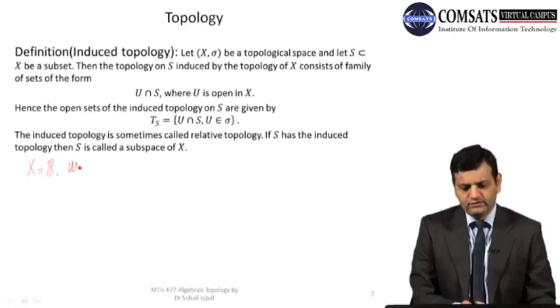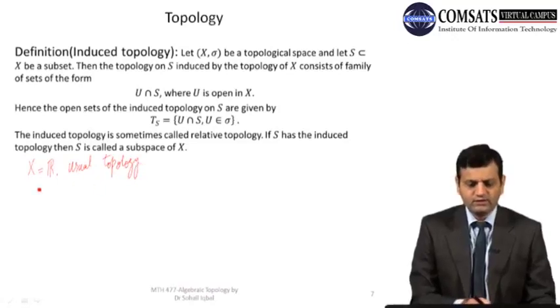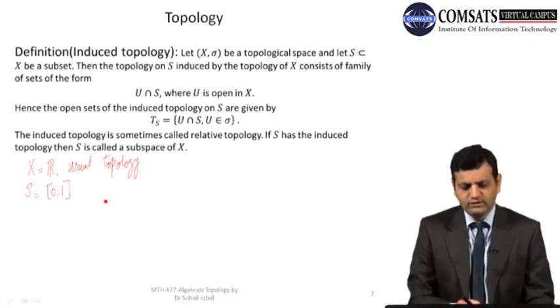So what we are doing is, for example, once again consider the usual topology, where open sets are basically unions of open intervals. So consider this set S, which is basically the closed interval [0, 1]. Now we need to find what the induced topology is under this usual topology.